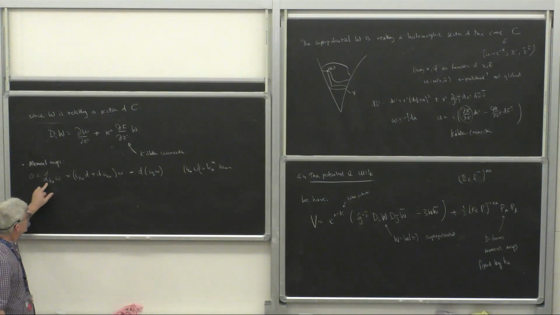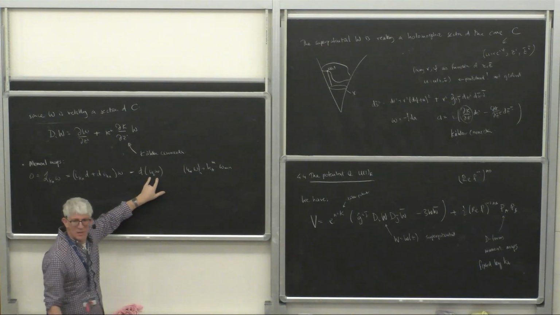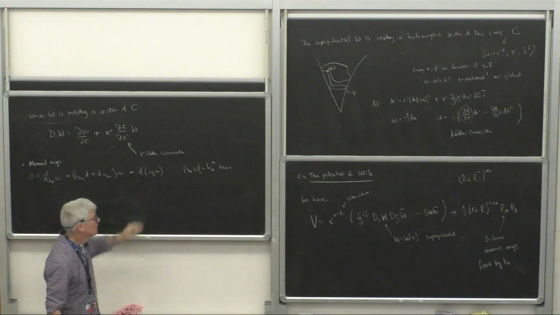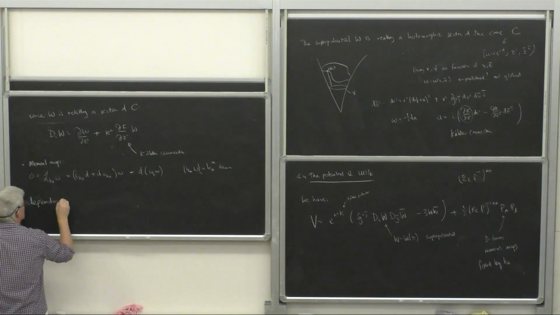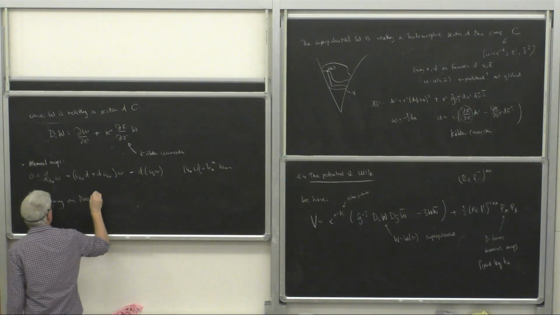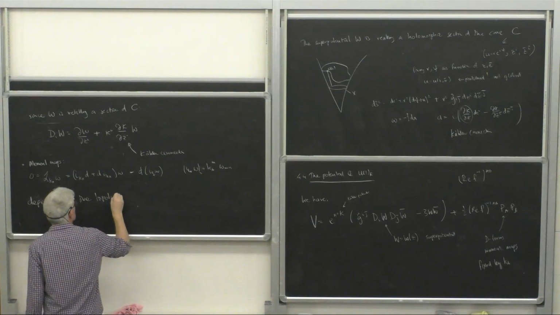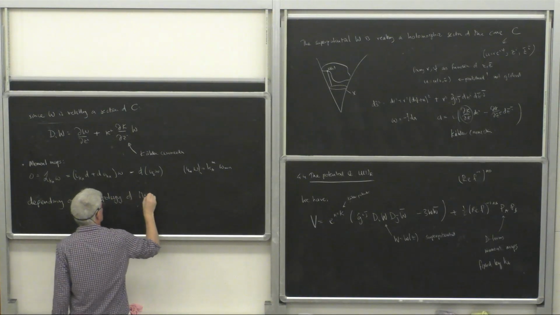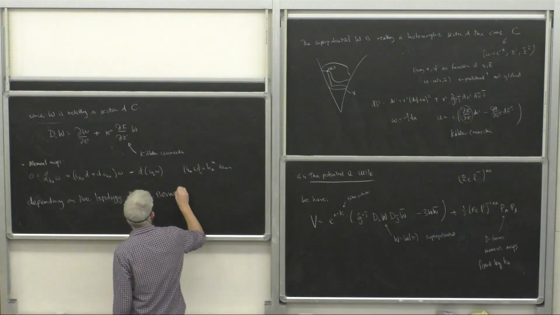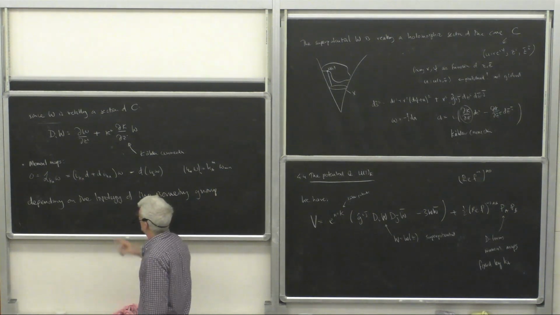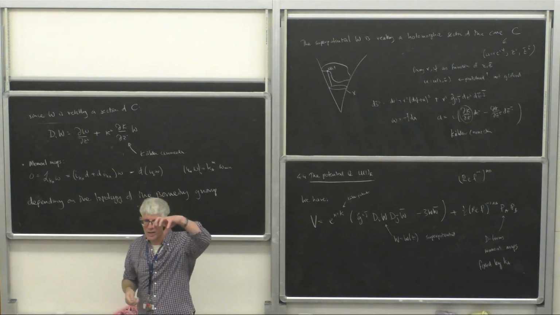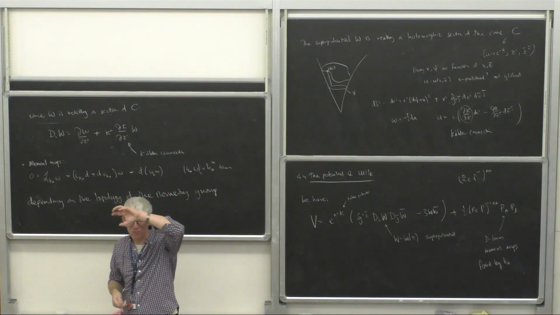So if this is 0, then this thing has to be closed. Depending on the topology of the isometry group, let me just say this first. i_K means this contraction of the vector into the form.